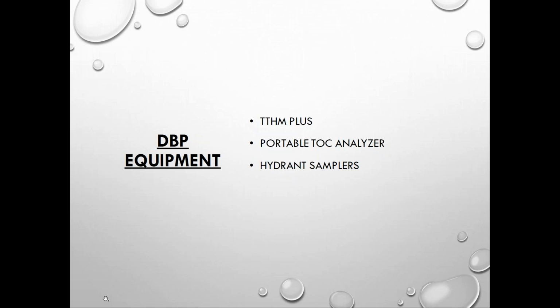What they do is they allow you to attach to a fire hydrant and collect a sample at a known flow rate. It makes it a lot easier to get samples from a hydrant, but also if you're trying to calculate a specific flush time and get water from a particular area in the distribution system, you know the flow rate that's going to be coming out of that hydrant, and it's helpful in doing that as well. Next slide, please.